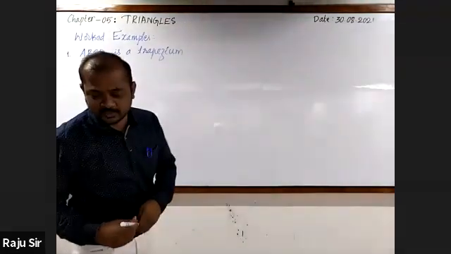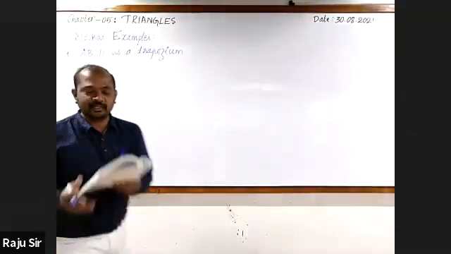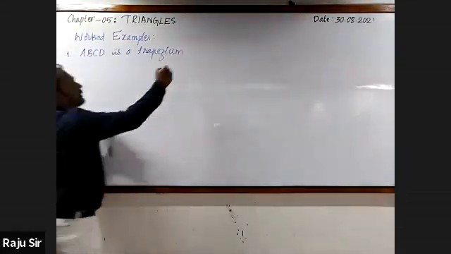ABCD is a trapezium with AB parallel to DC.